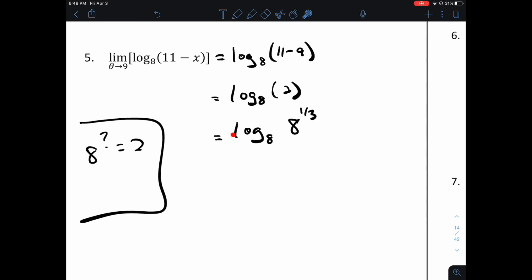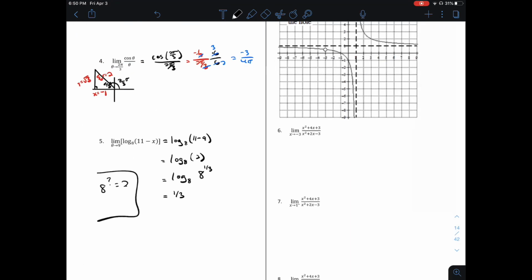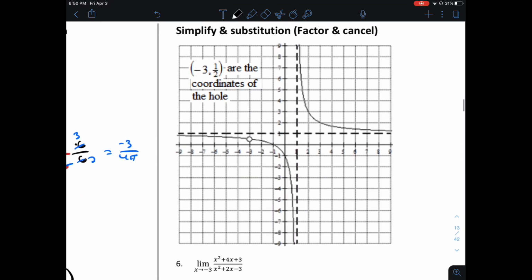One of the properties that we had for logarithms, if you have log with a base and your argument is the same base, this whole thing just becomes the exponent. And there are lots of reasons why that is true. And if you would like to know any of such reasons, drop me an email, send me a message on Remind on Google Classroom, and I will make an explanation for that.